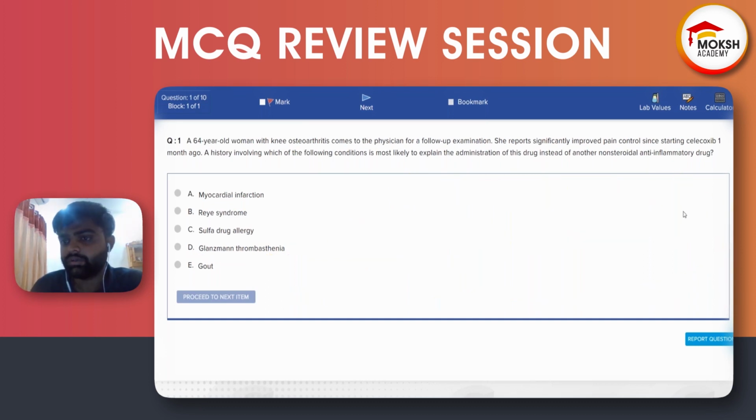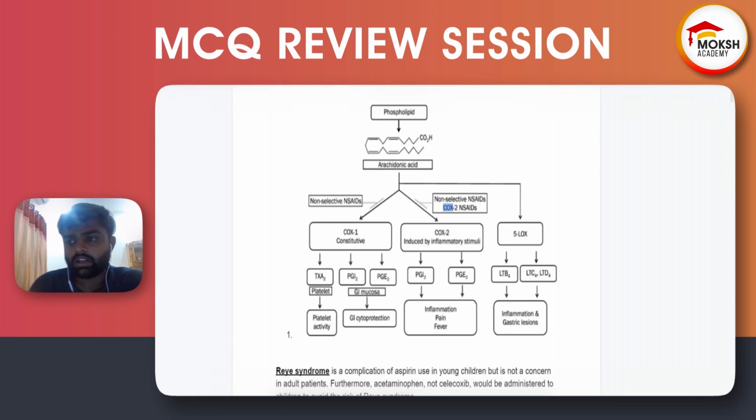Let's go through the notes. So you can see here, this is the arachidonic acid pathway from phospholipid from the cell wall. It breaks down into arachidonic acid. And remember, non-selective NSAIDs block COX-1 and COX-2, while celecoxib only blocks COX-2.